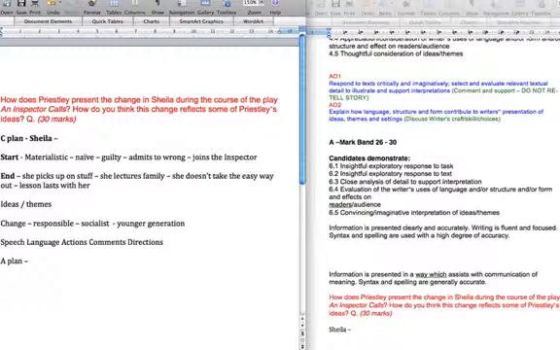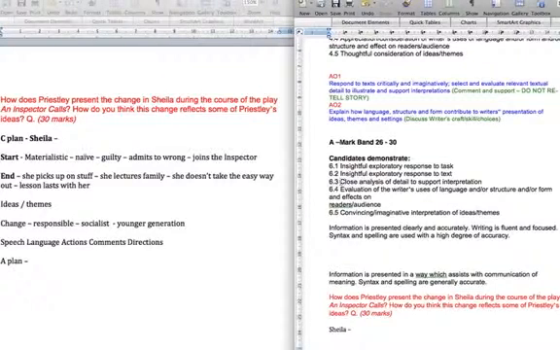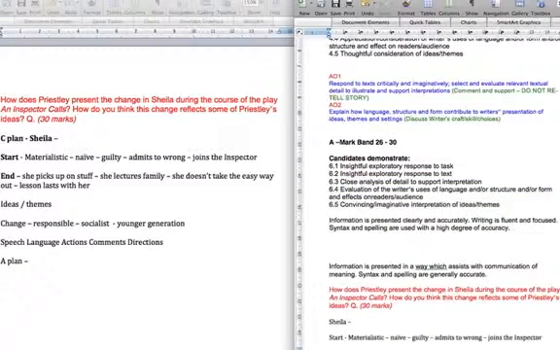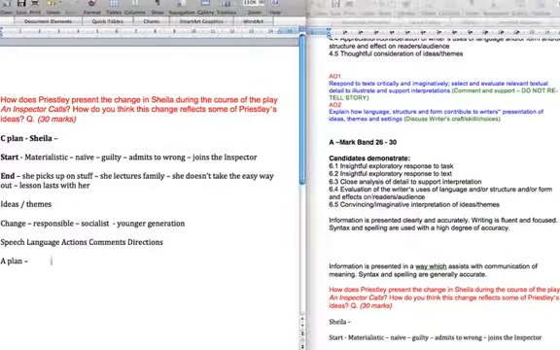For this one I'm going to have to include one or two of each, because that's going to hit both of these criteria, and that's what I need to do. But my planning in and of itself is going to be different, bearing that in mind. I need to make sure that I'm hitting them.